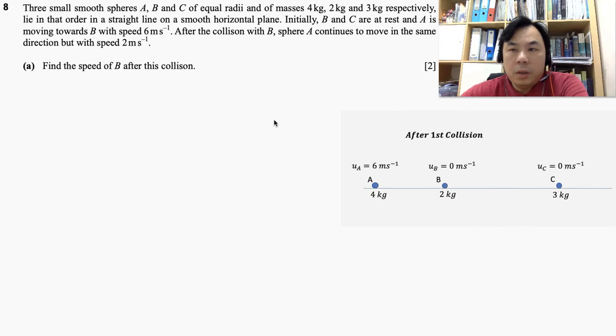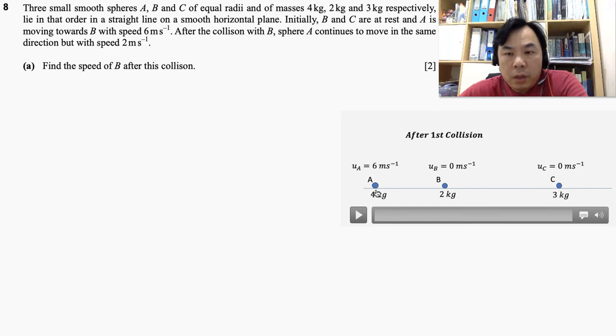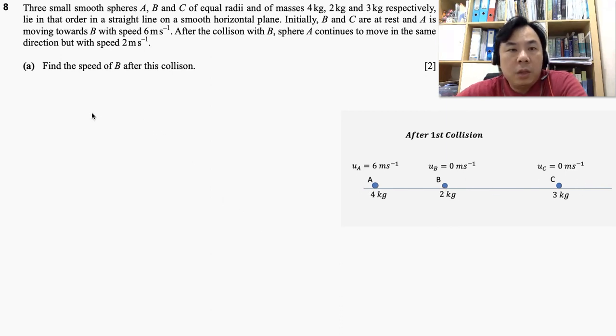Right, question 8. Three small smooth spheres A, B, and C of equal radii, which means the same radius, and of masses 4 kg, 2 kg, and 3 kg respectively, lie in that order in a straight line on a smooth horizontal plane.